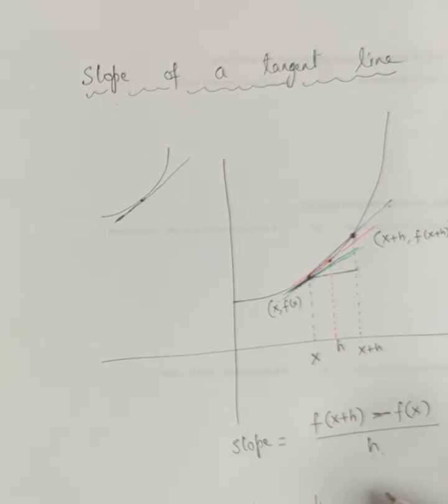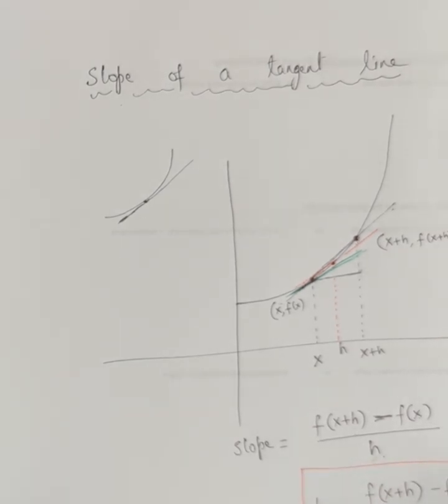So h is approaching 0. That's how we write it. We say limit as h approaches 0 of the slope of the secant line. So this is the formula for slope of a tangent line at the point x.